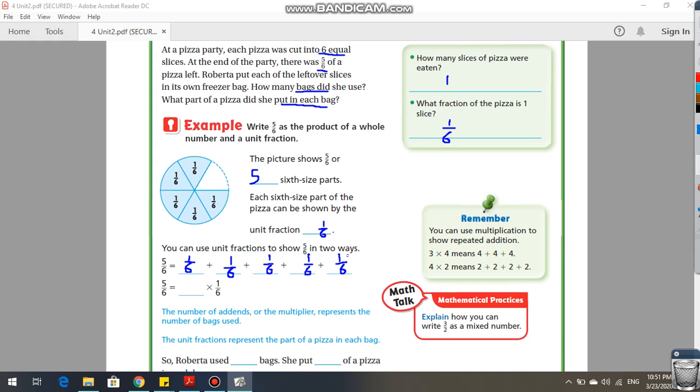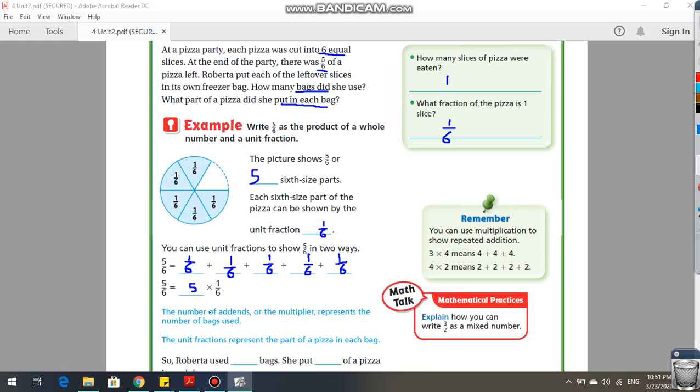And instead of adding it, I can just multiply it. I'm gonna add it how many times? 5 times. So I'm gonna say 5 times 1/6. 5 times 1 is 5, and the denominator is not gonna change because I have only a whole number.